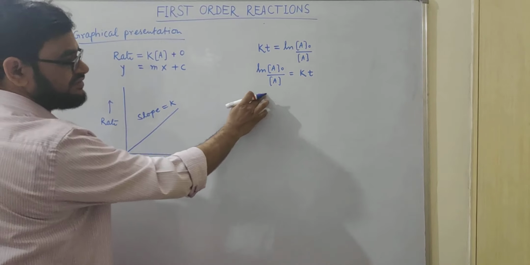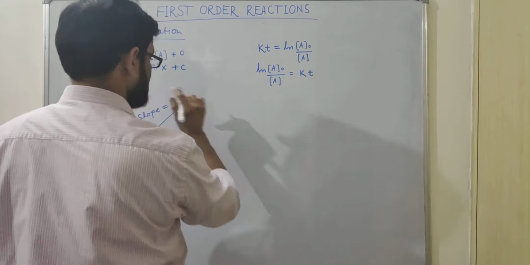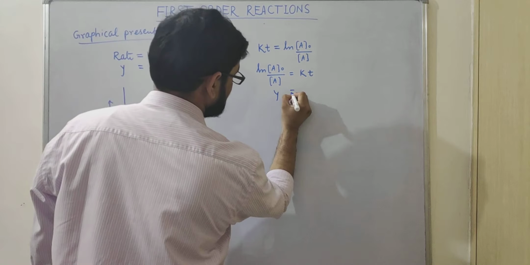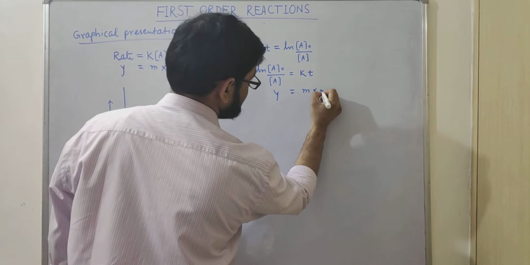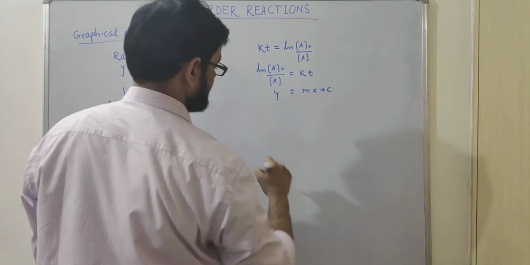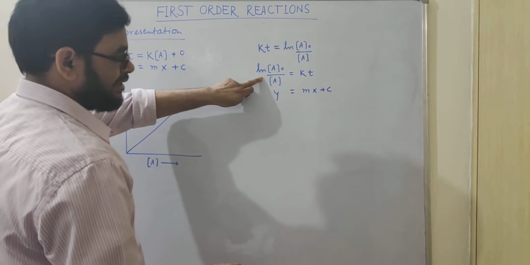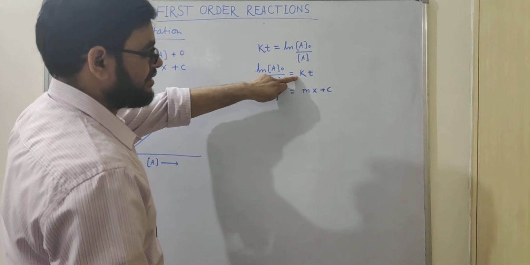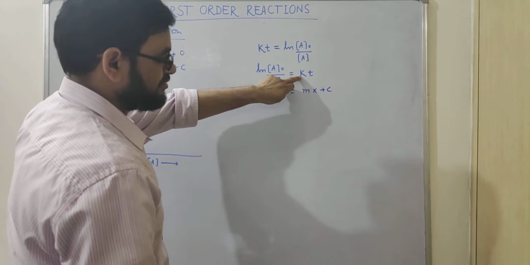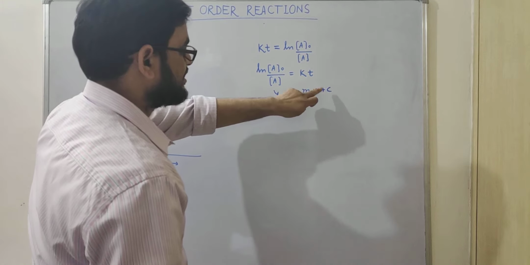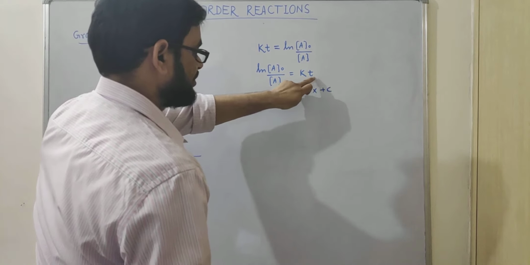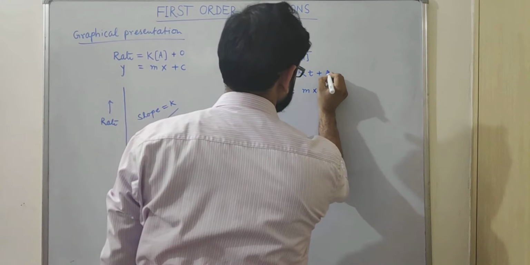So if we compare this equation with the equation y is equal to mx plus c, so in this case y is equal to ln A0 upon A, slope means m is equal to k and x is equal to t, and intercept will be 0.